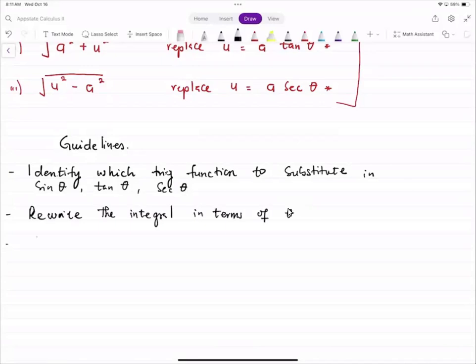And then the third is we need to simplify and then integrate. And then finally, because we rewrote everything in terms of theta, we have to substitute back from theta to x.